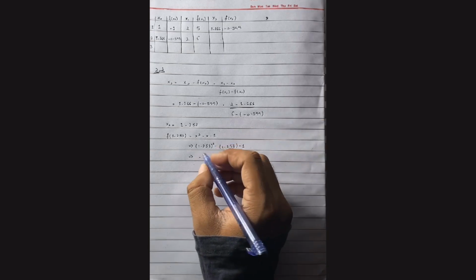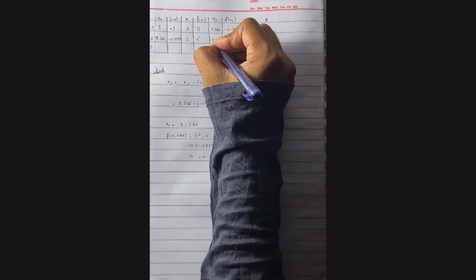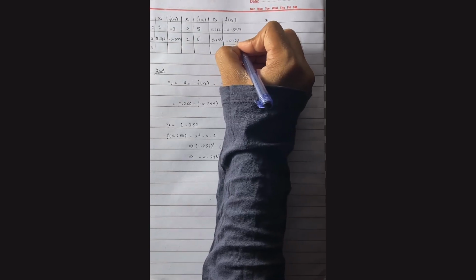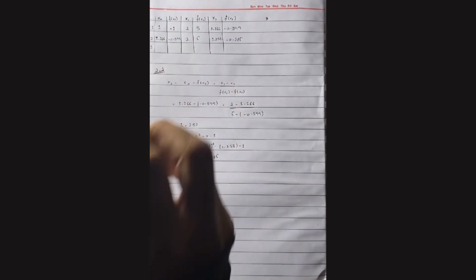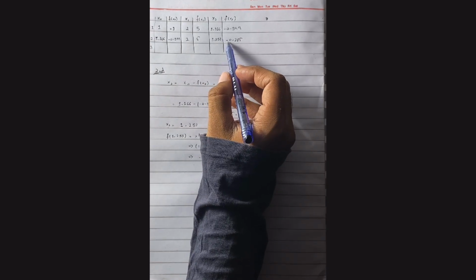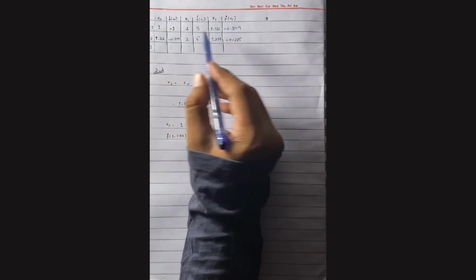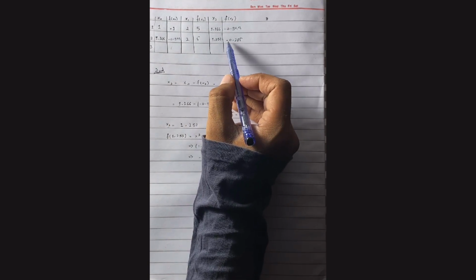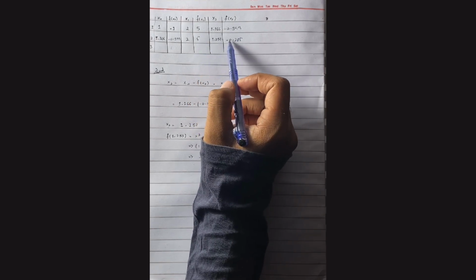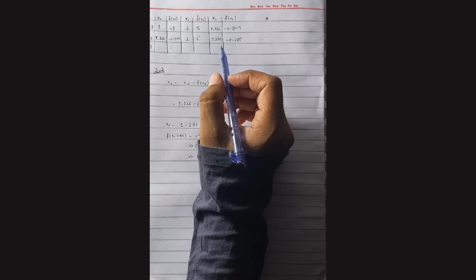So I write these values into the table: 1.253 and minus 0.285. Our second iteration is done. Now see the sign. It is negative, so it will again replace x naught. If it has a positive sign, it will replace the other one; otherwise it will always replace the negative sign.